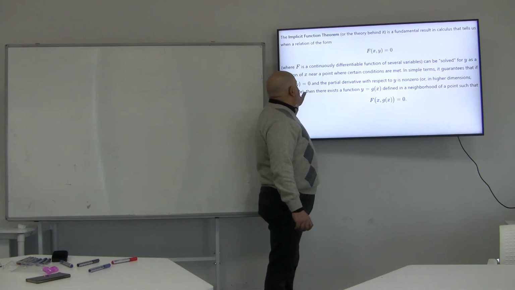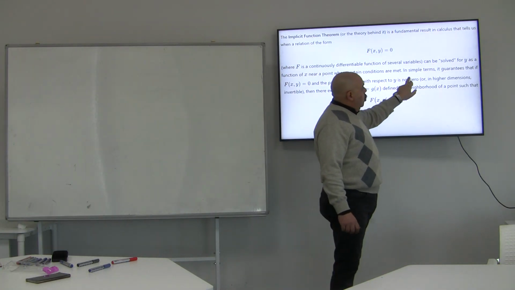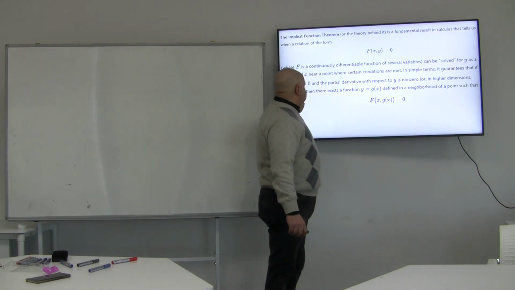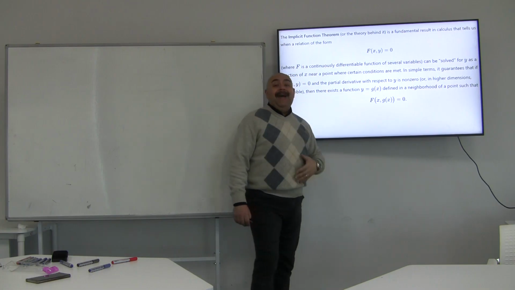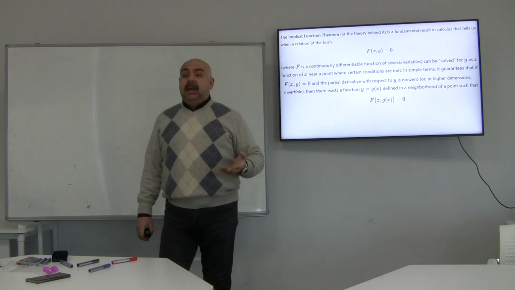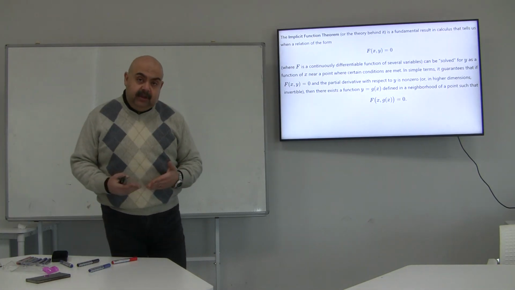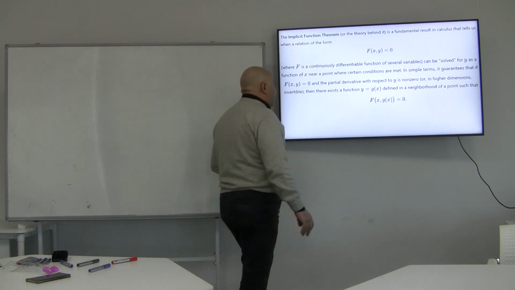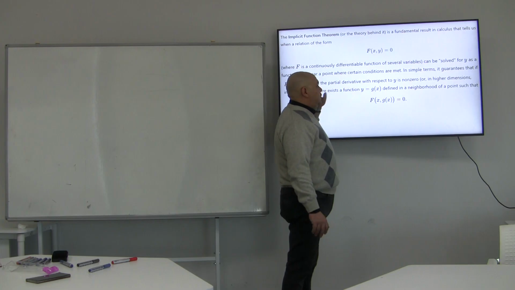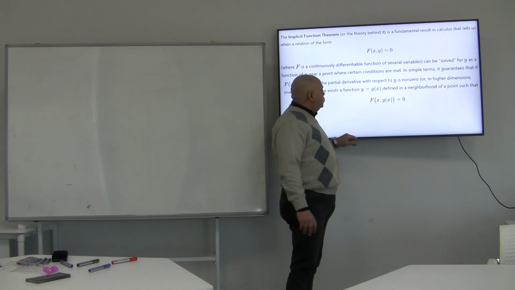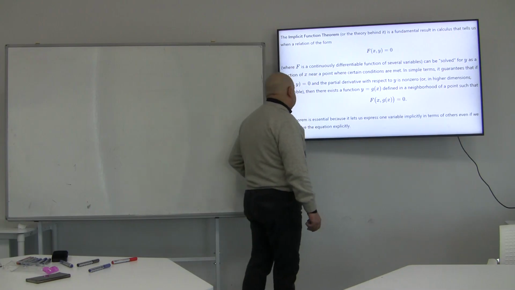So for f(x, y) = 0, if the partial derivative with respect to y is non-zero, or in higher dimension invertible, then there exists a function y = g(x). In the neighborhood, this is the function that we are searching for.